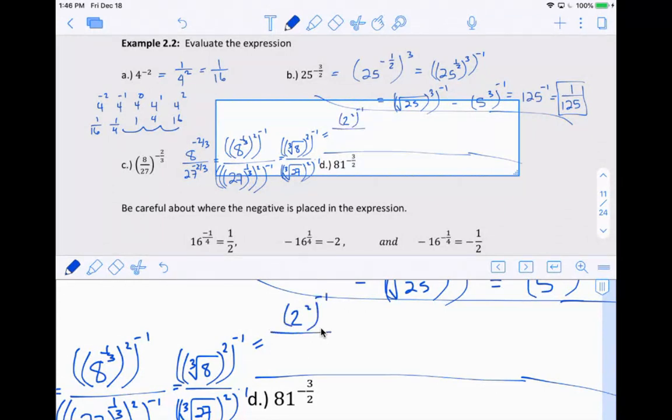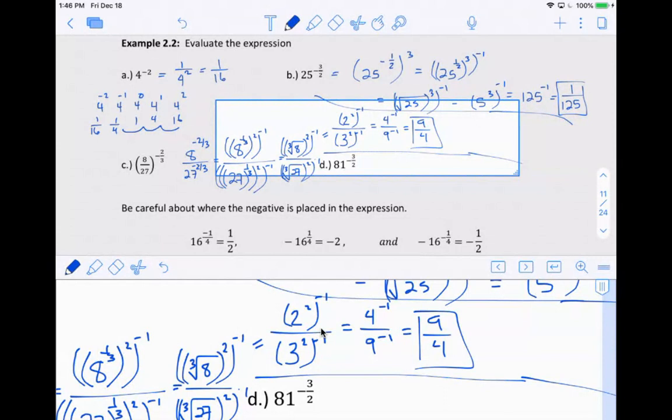Over what's the cubed root of 27? 3 squared to the negative first. 2 squared is 4. 3 squared is 9. Both of which are now to the negative first. And if they're both to the negative first, this whole fraction is just going to flip upside down. And so we get 9 over 4 as our final answer.